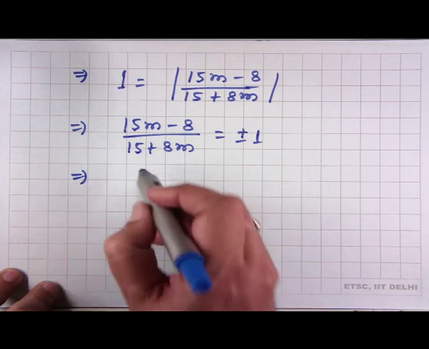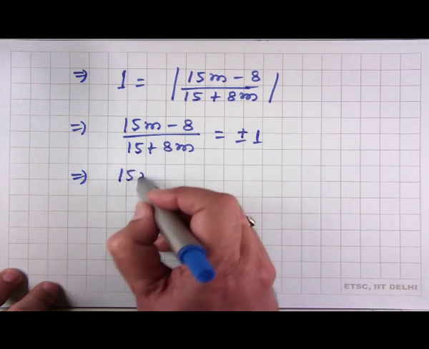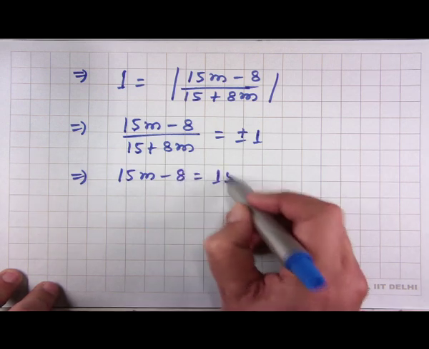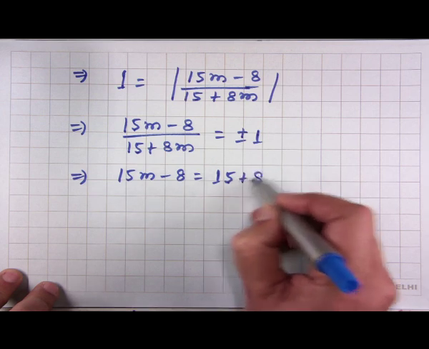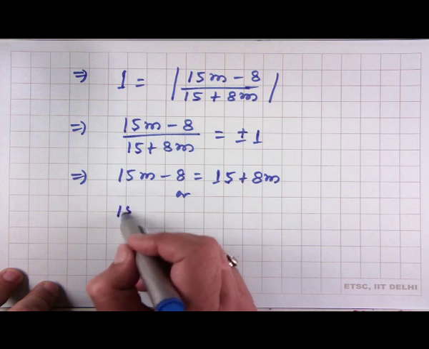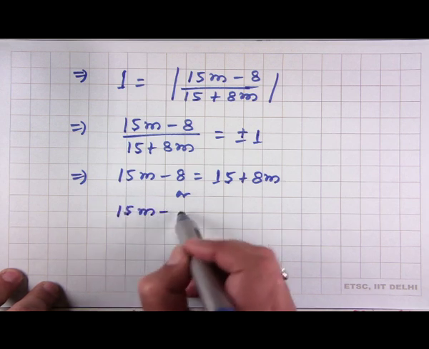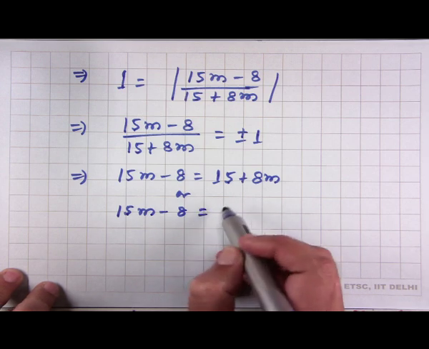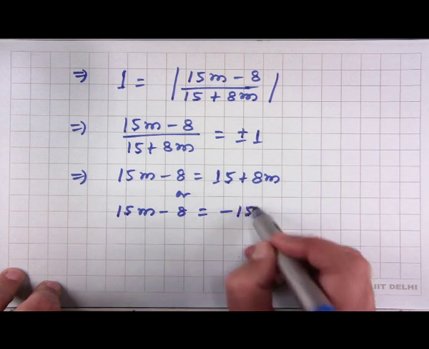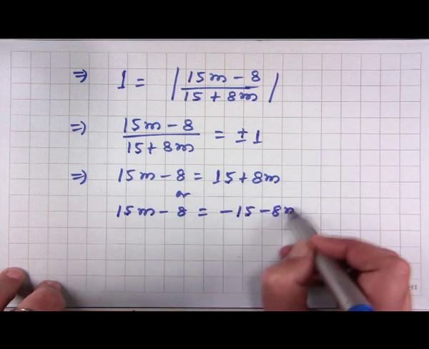So this implies 15m minus 8 is equal to 15 plus 8m, or 15m minus 8 is equal to minus 15 minus 8m.